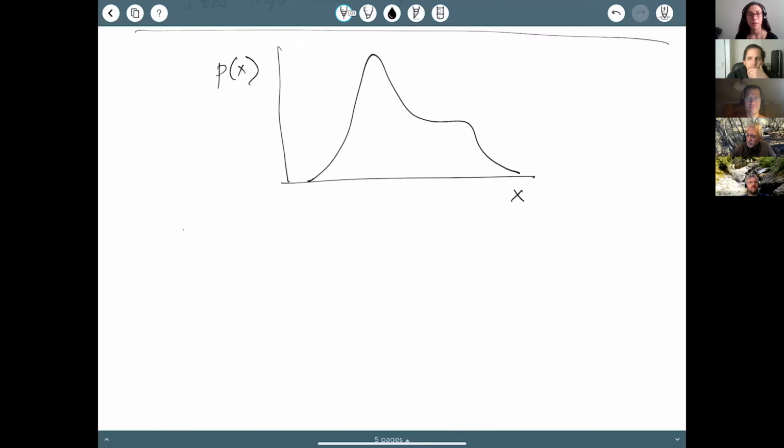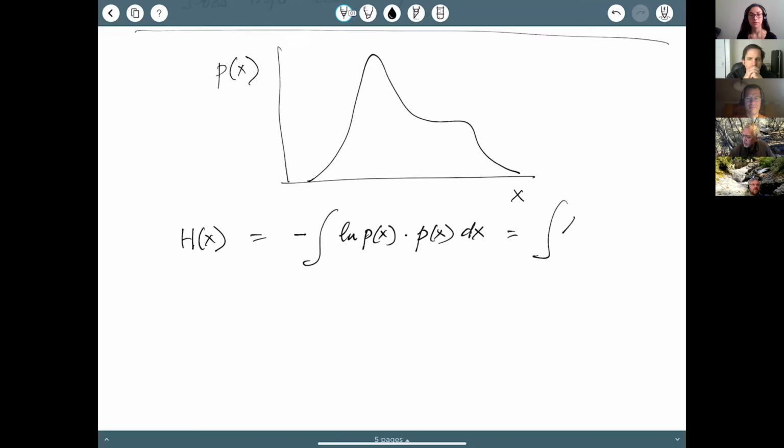And we have the notion of entropy as negative integral of log P of X times P of X dx, or log 1 over P of X times P of X dx, right? And we define I equal to log 1 over P of X, or minus log P.